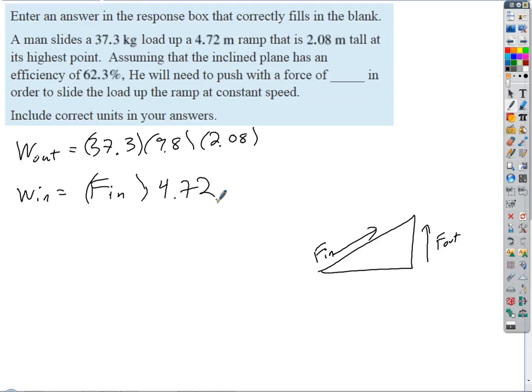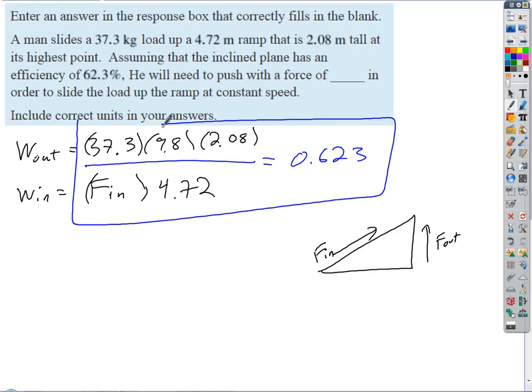And we know that the efficiency is just the ratio of those two things, right? So really what we could do is make an equation out of this, and we could say that equals 0.623. So here's my equation: the ratio of the output work to the input work equals efficiency.